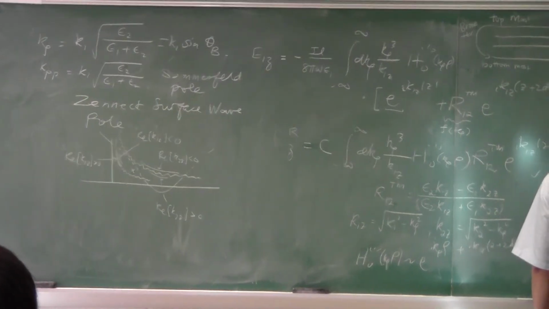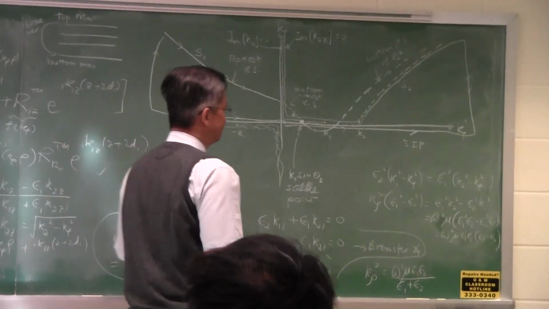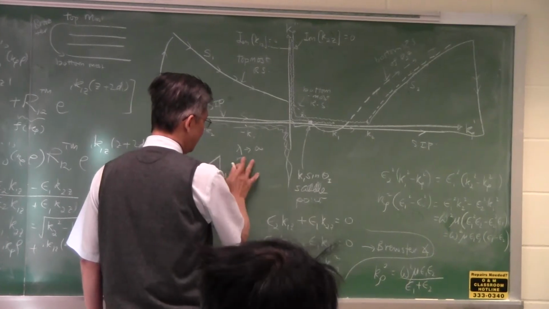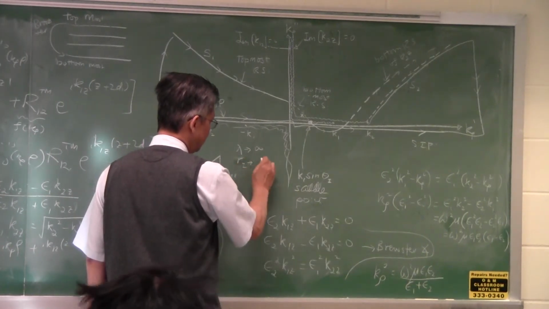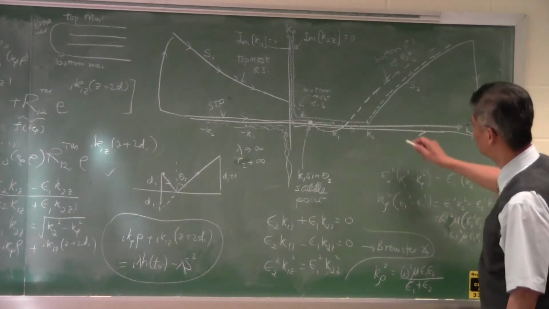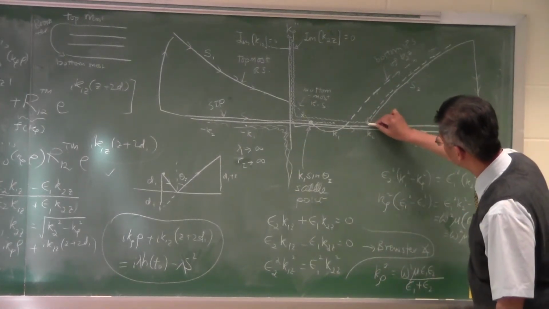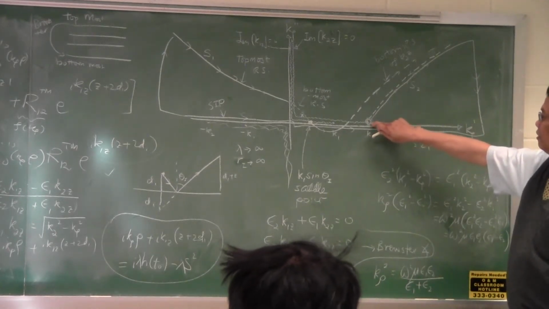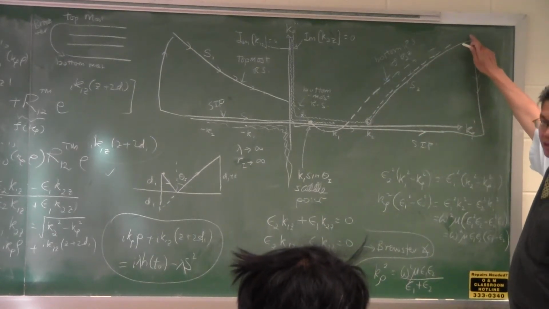The saddle point is a critical point. So as lambda goes to infinity, or if Rm goes to infinity, it's those critical points that contribute the most. Is this point over here. This point is like the top of the hill. Think of this as a steepest descent path.